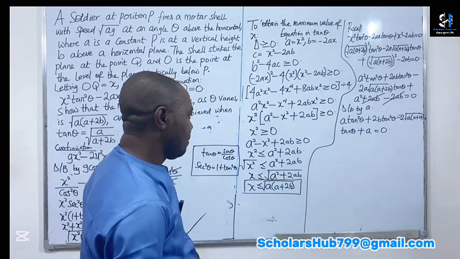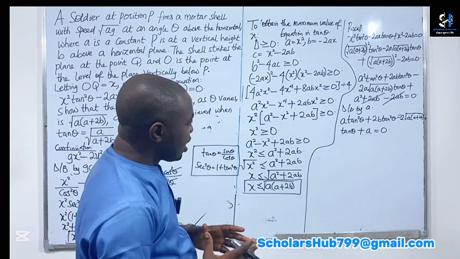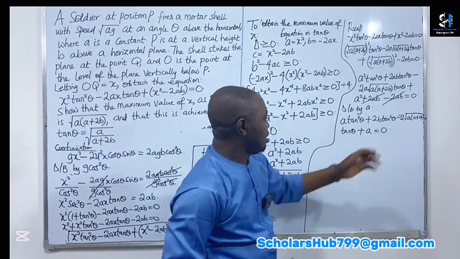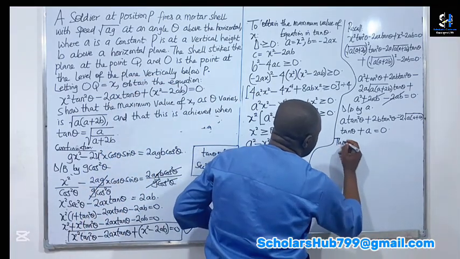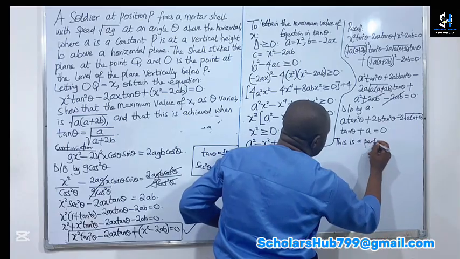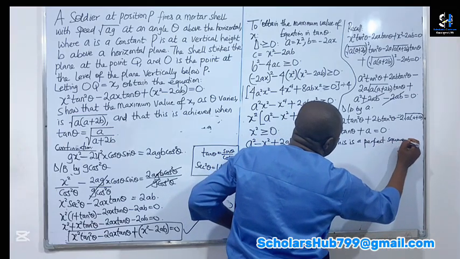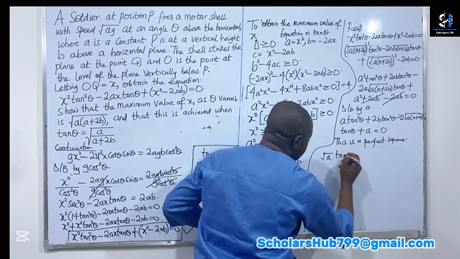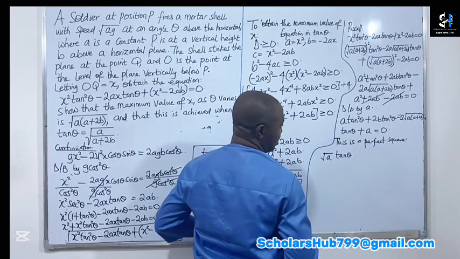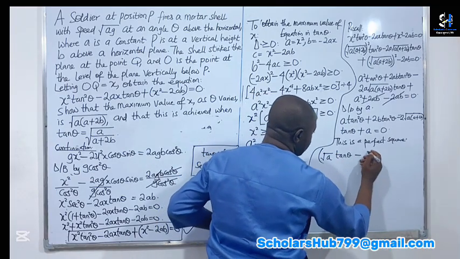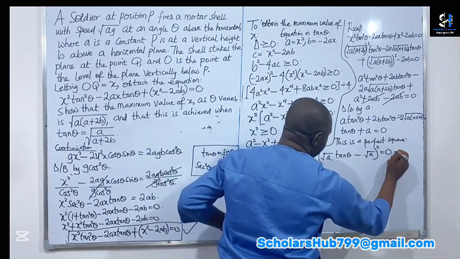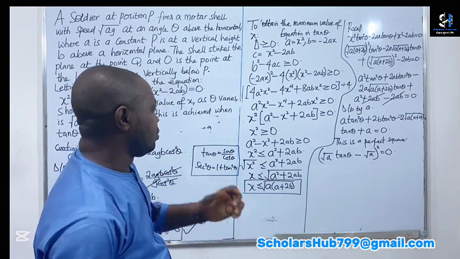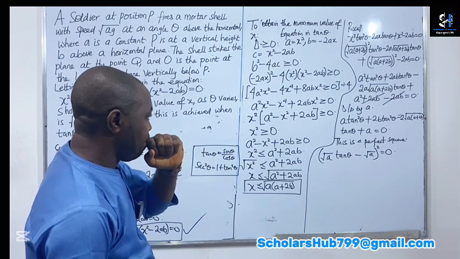So what we have here is a perfect square. That is, it will be root a tan theta minus root a, raised to the power of 2 equals 0.